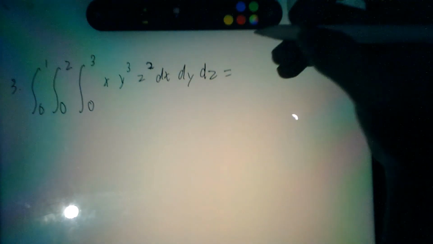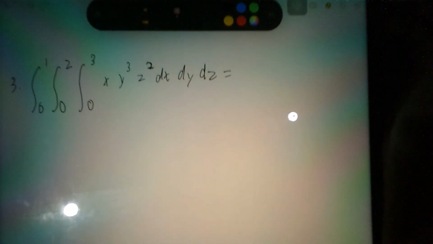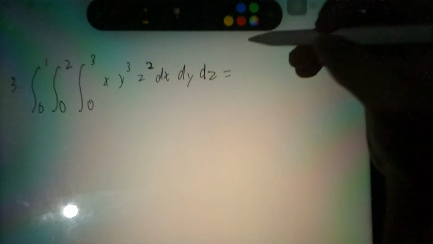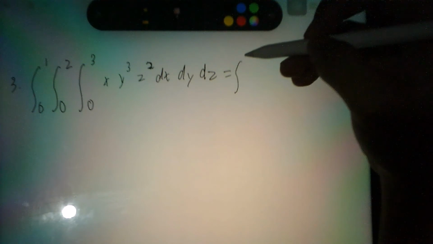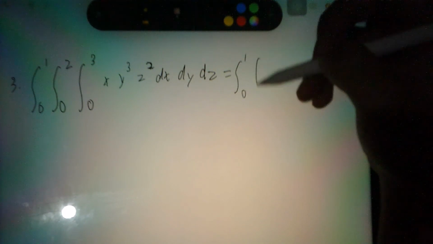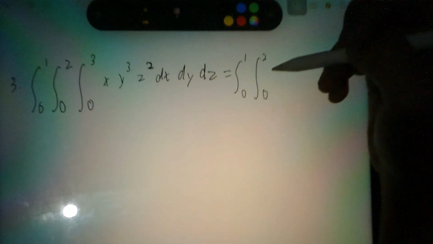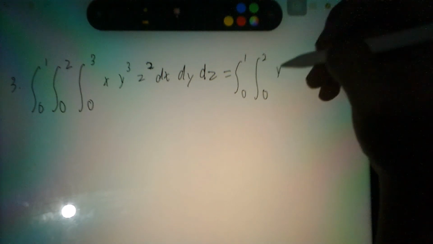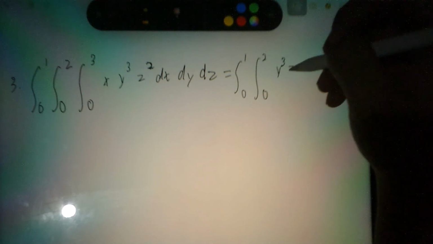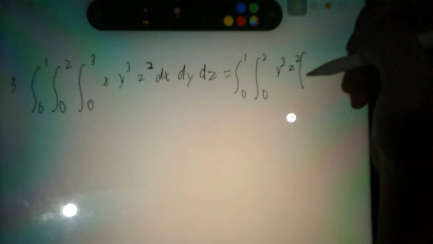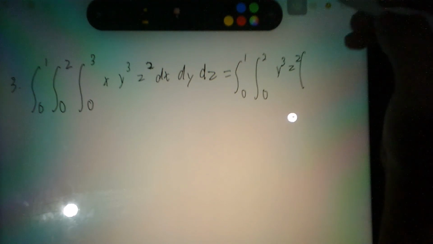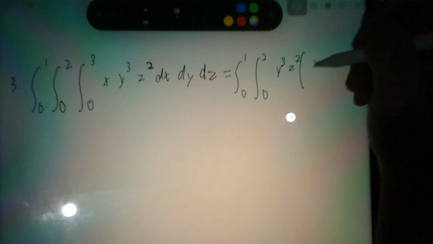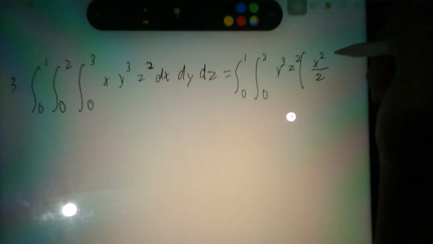So first we need to integrate x, with limits 0 to 3. Y cubed and z squared are constant, so let's take that out, times the integral of x, which is x squared over 2, from 0 to 3.